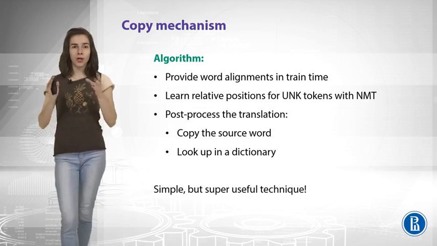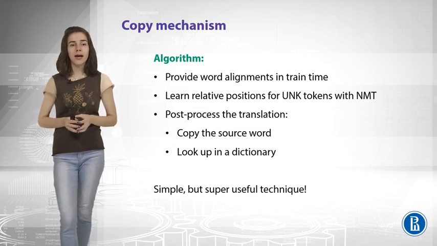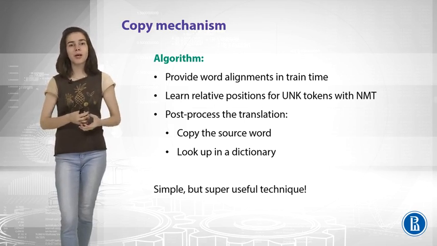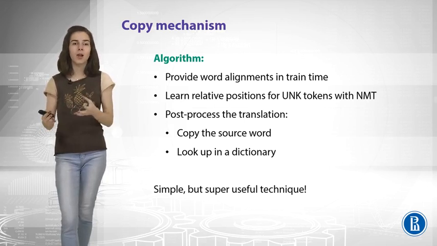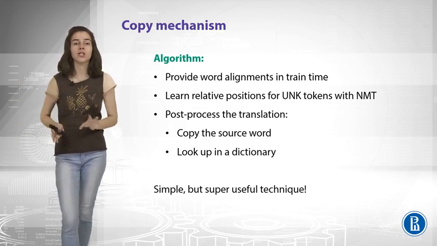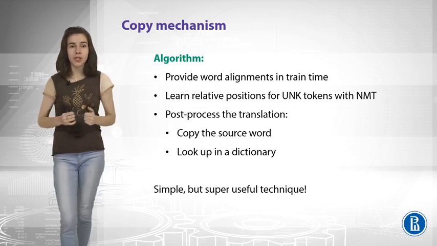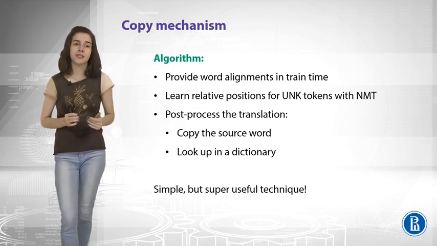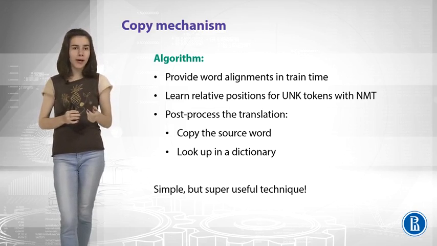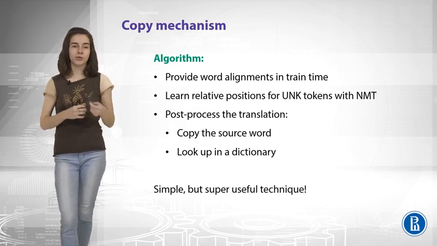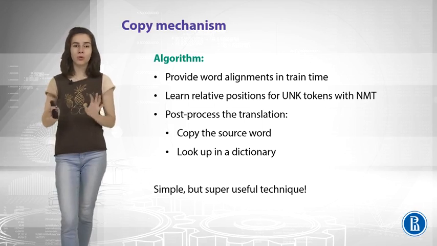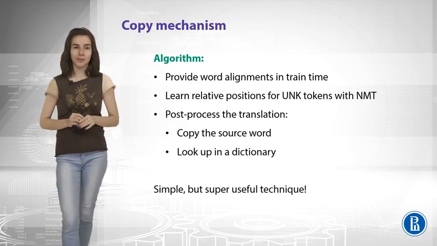For example, your neural machine translation system has these alignments as an input, and it tries to predict them along with the translation predictions. Now, you get your translation with unk tokens and you post-process this. You just copy the source words, or you translate them with a dictionary, or do whatever else you want.